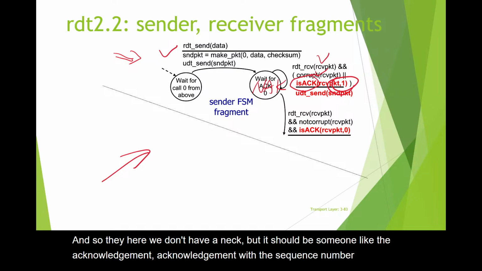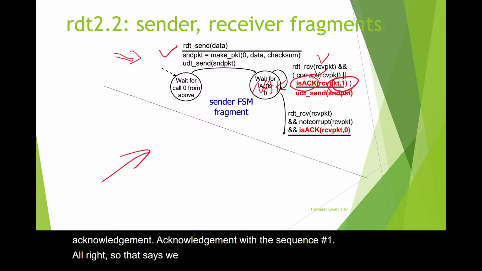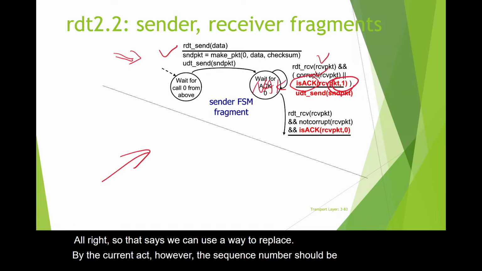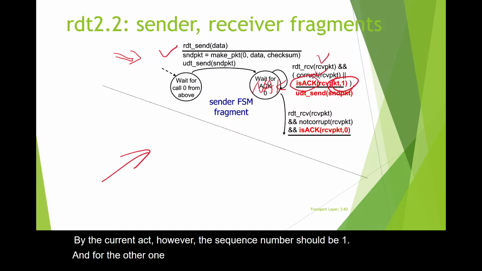All right. So that says we can use a way to replace NAK by the current ACK. However, the sequence number should be 1. And for the other one, it's ACK, but we should indicate ACK with the corresponding sequence number properly.